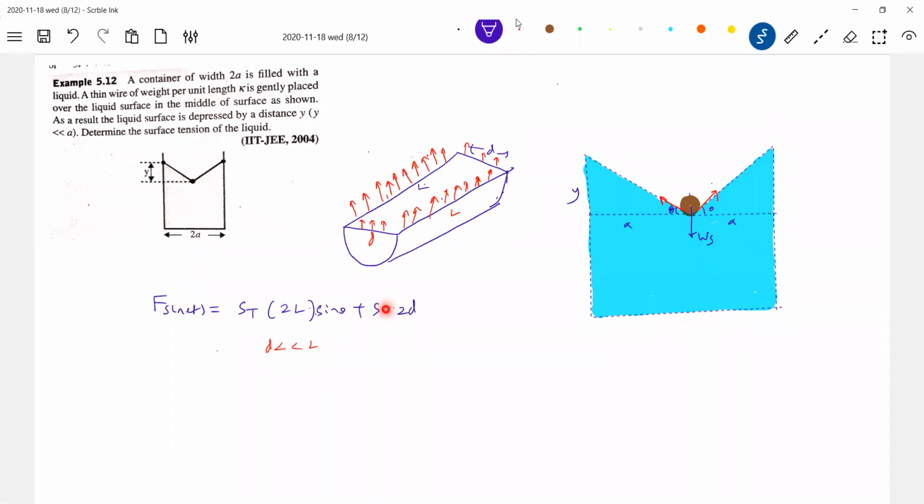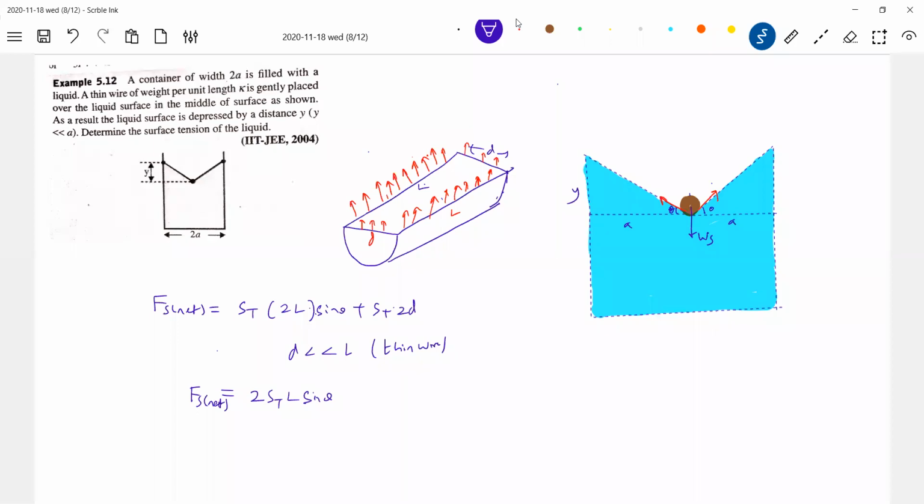So D is very much less than L. This quantity will be negligible as it is a thin wire. So this will become 2STL sine theta. This is the net force due to surface tension.